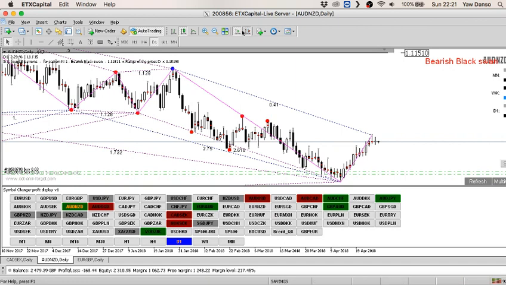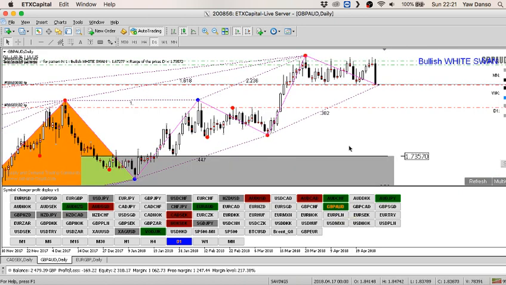So this is another company. This is called ETX. That's another broker that I use. Yeah, and that's the British pound. I still have two on there.